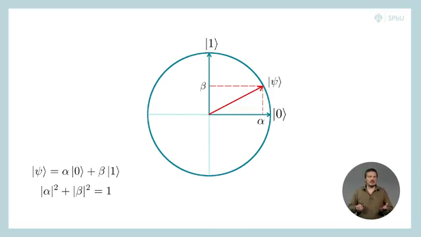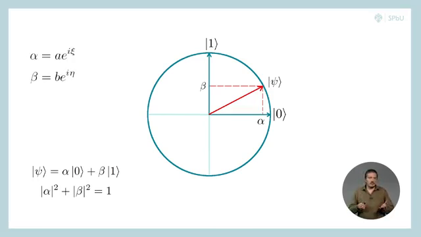Any other state we can represent in this basis, like for example the state psi here. The coefficients in the decomposition of the state psi in the 0, 1 basis, alpha and beta, are complex numbers. The sum of their squared modulus for a normalized state is 1.